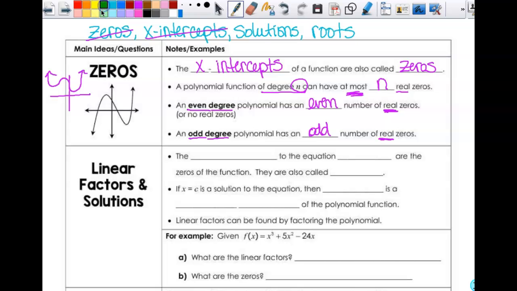All right, so let's talk about linear factors and solutions. This is some vocabulary of some stuff you already know. These solutions to the equation f of x equals 0 are the zeros of the function. They are also called roots. So there we go, we've used all 4 of them.